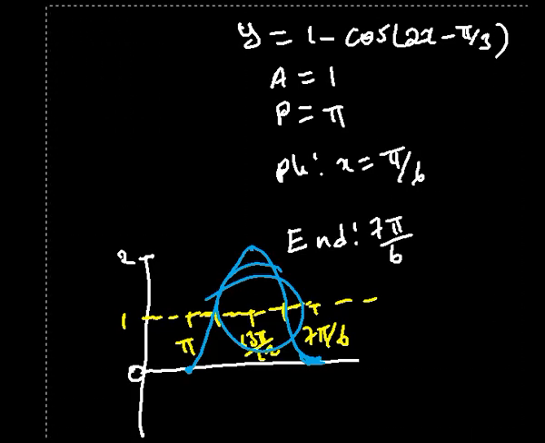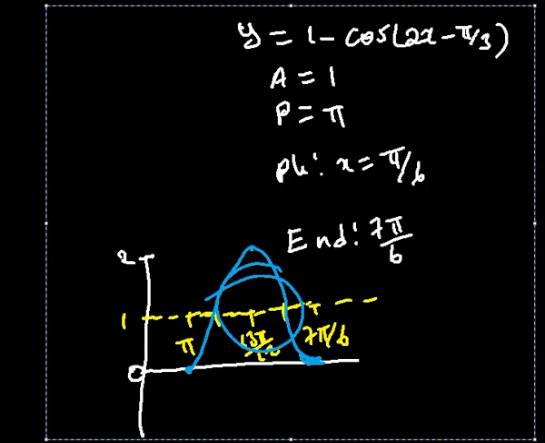So try to sketch the following at your own time. I want you to sketch the following graphs. Let's say we have y is equal to sine 3x plus 5. And by the way, this is a vertical shift.